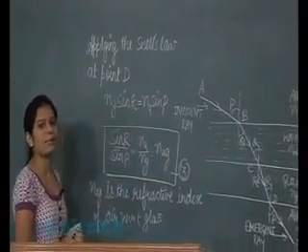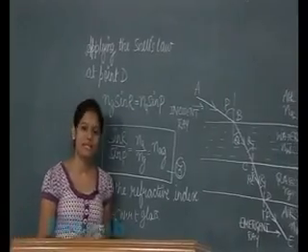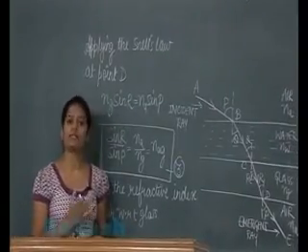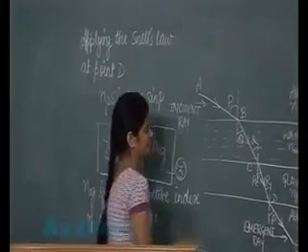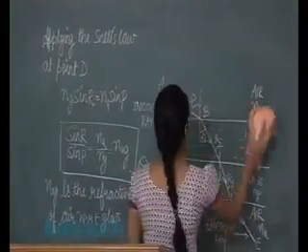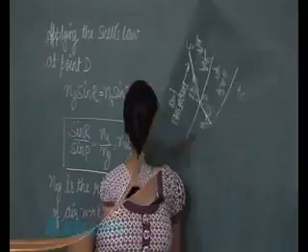So student, by applying Snell's law at points B, C and D, we get 3 equations. Now we will multiply these equations.